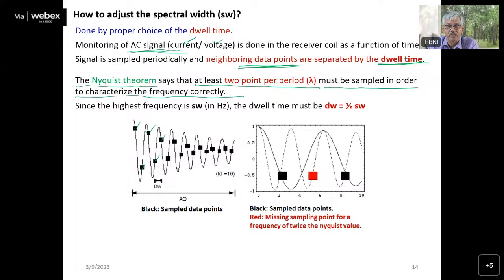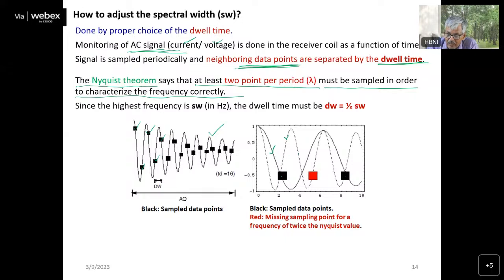Okay, it's very important. If you want to characterize the frequency, you have to collect at least 2 points per wavelength. This is done correctly here. You can see there are 2 points per period. But in this other case, you see there are 2 waves, this one and this one. For the black points, it is sampling properly, with 2 points collected.